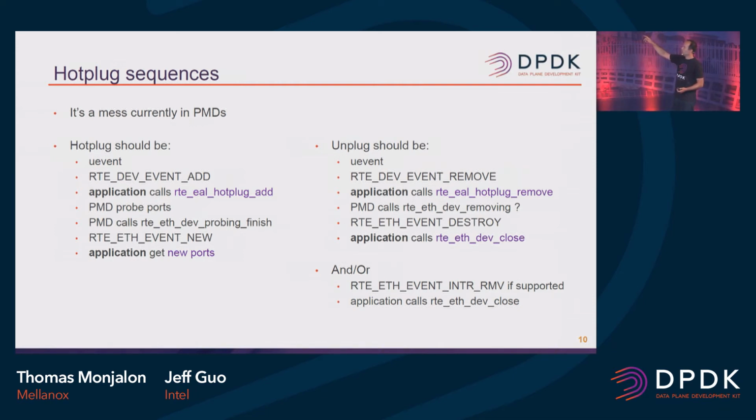You receive a hardware event, the application receives the event and decides to call the hotplug remove function. Then we do the work, there is something to improve there. And at the end, the application receives an event to close the port and stop polling this port. And you see also there is what I already explained with the remove event. Okay, but maybe we'll talk more about it later.